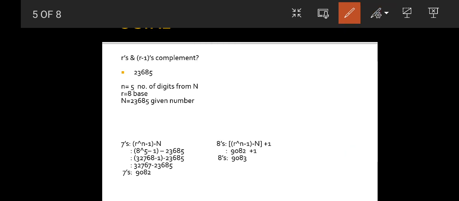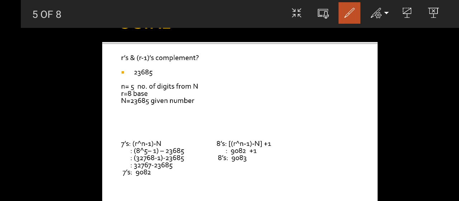So again, your r minus 1's complement follows the formula of the diminished radix complement, and your r's complement is the diminished radix complement plus 1, which is your radix complement.